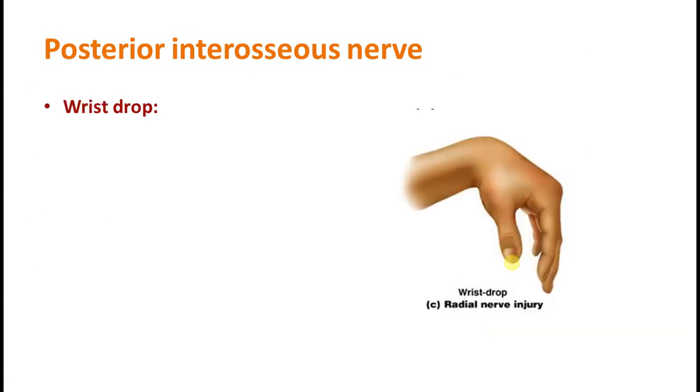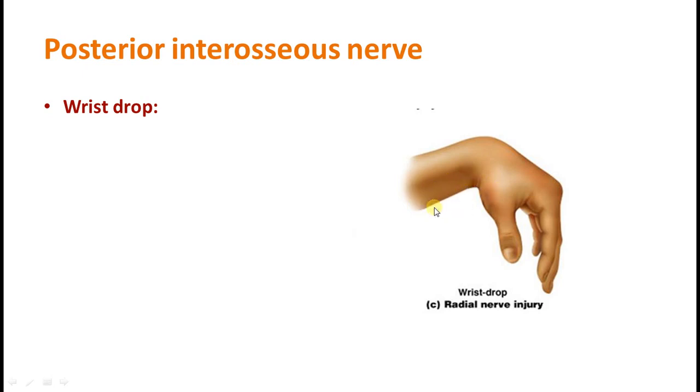Okay. So coming to the applied anatomy of the posterior interosseous nerve, what you see here is the wrist drop. What is wrist drop? If the deep branch of the radial nerve is damaged, then all the extensors are paralyzed, they are inactive. So unopposed flexor action.